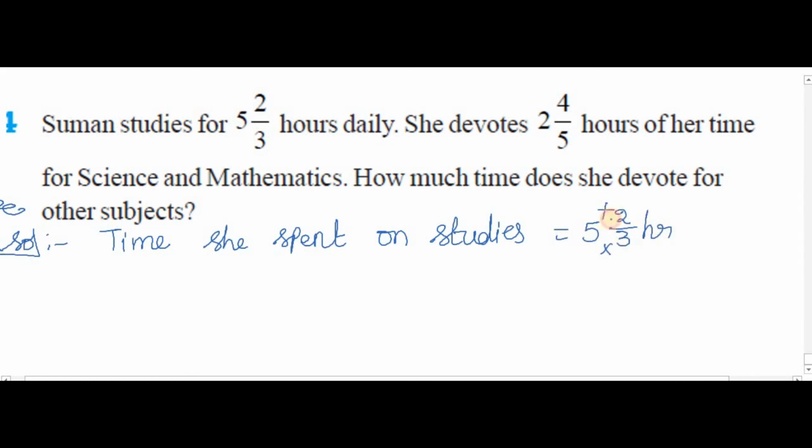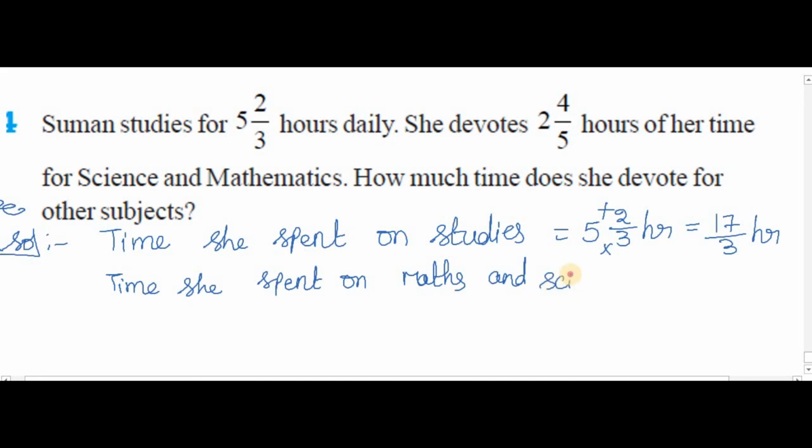So here itself I am converting mixed into improper. 5 3s are 15 plus 2, 17 by 3 hours. And now time she spent on maths and science is equal to 2 4 by 5 hours. Again this mixed fraction can be converted into improper. 2 5s are 10 plus 4, 14 by 5 hours.